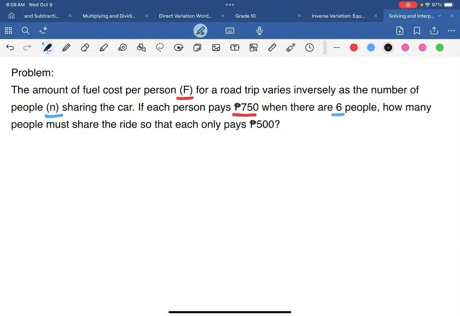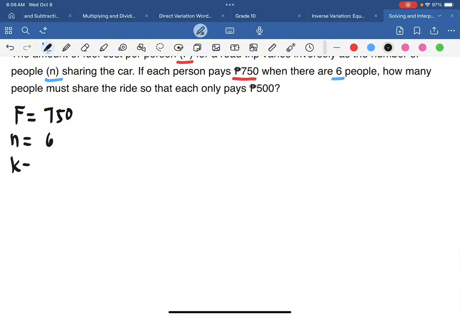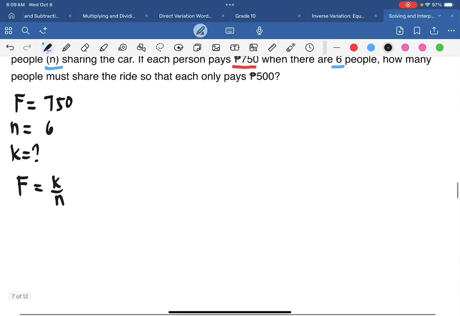Now, based on the situation given, obviously F is the dependent variable, and N is the independent one. So again, for F, we have 750, and for N, we have 6 people. Four, we need to find. Okay, so as we write it, we have F equals K over N, where F varies inversely as N.